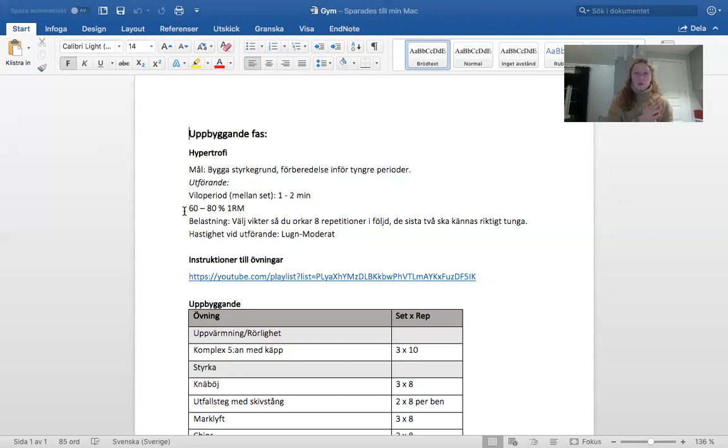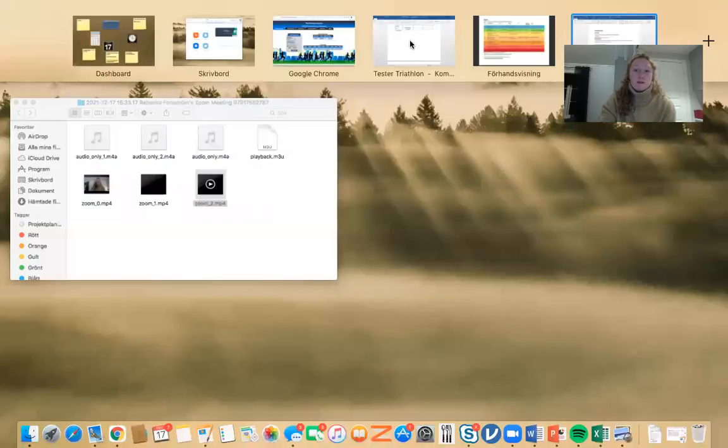And if you know your 1 repetition maximum, you have a guideline for where you should aim. And then from that, you want to increase the weight for almost every session during this build-up phase. Guys, that was the strength.